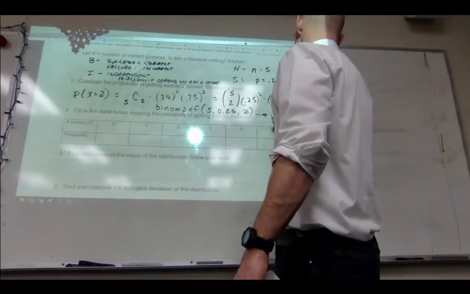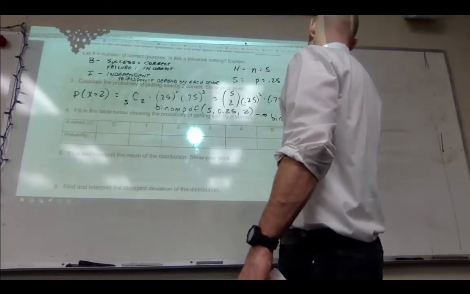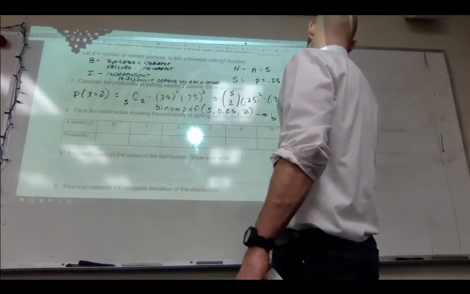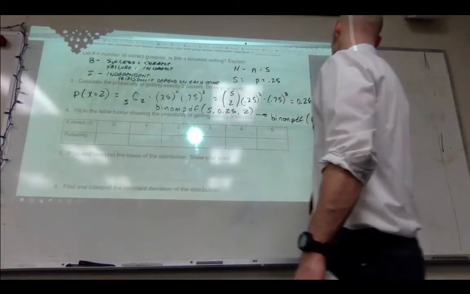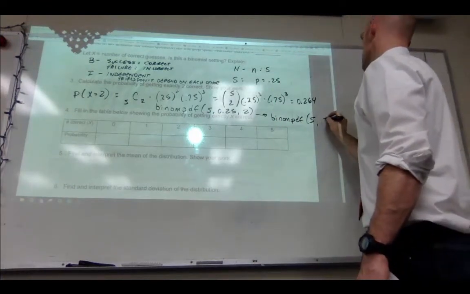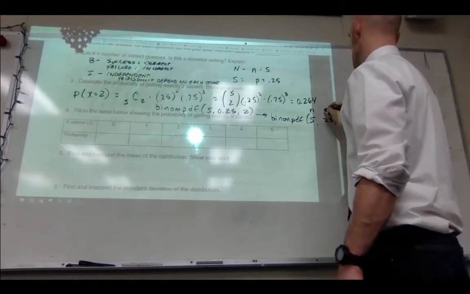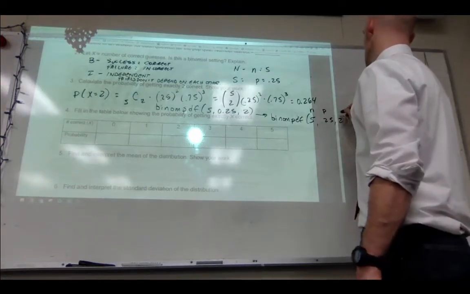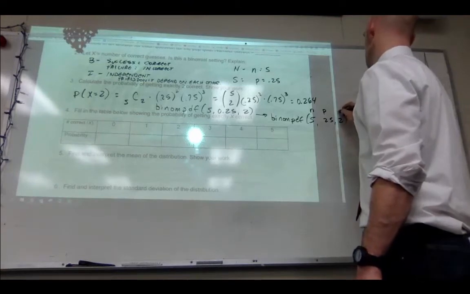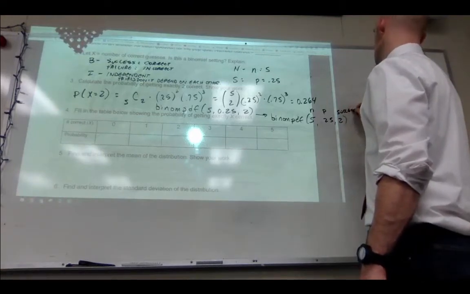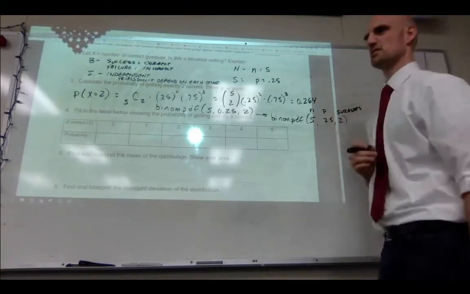So we'll do binomial PDF, sorry, we'll do CDF in a minute, PDF, 5, 0.25, 2, and you can go like this. This is the number of trials, this is probability, and this would be successes.